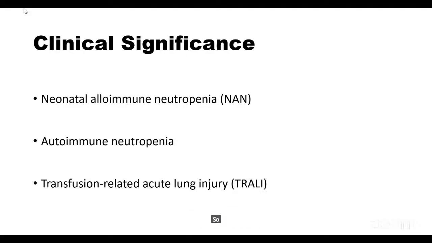Then autoimmune neutropenia, that is self-induced destruction of neutrophils in the system.